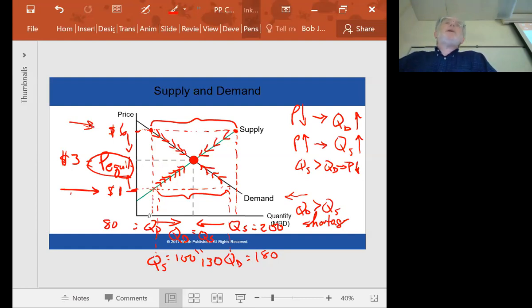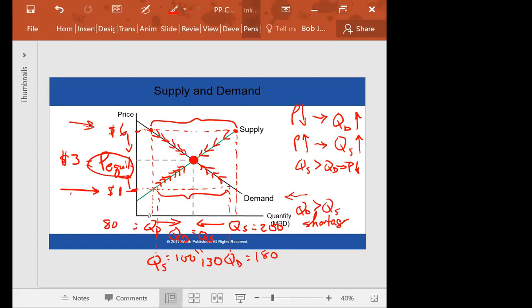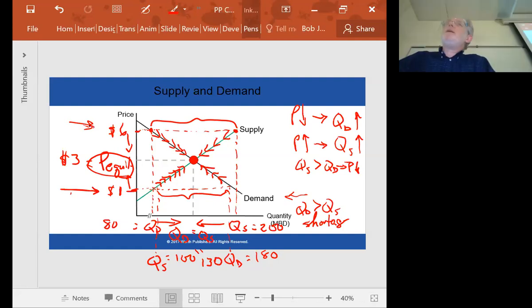What can you say about this market if the price is $6? Is it in equilibrium? No. Okay. Do we have a shortage or a surplus? We have a surplus, and what is the amount of the surplus?